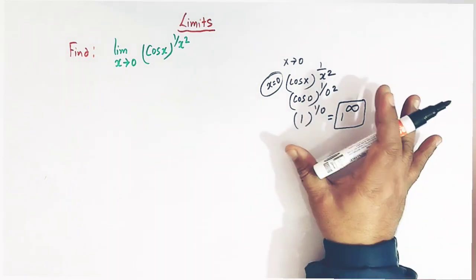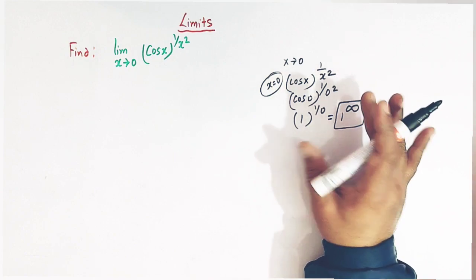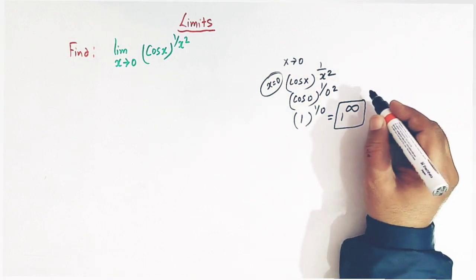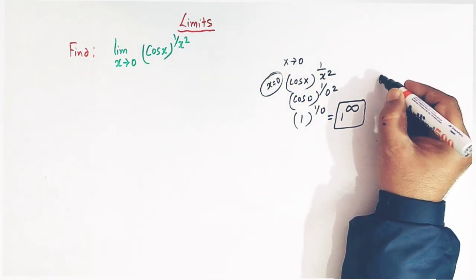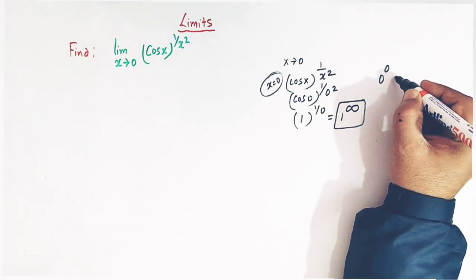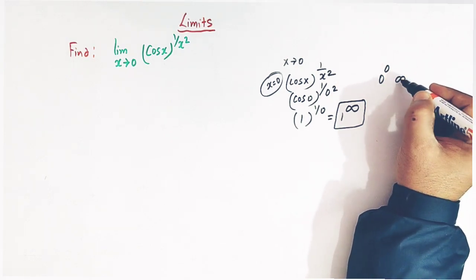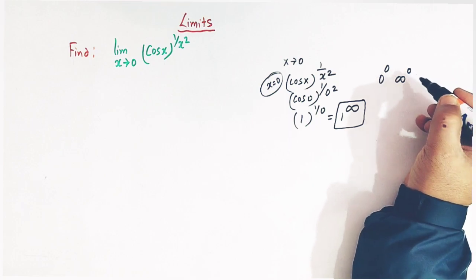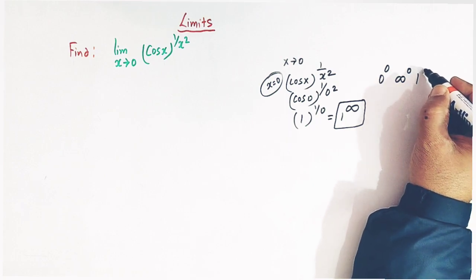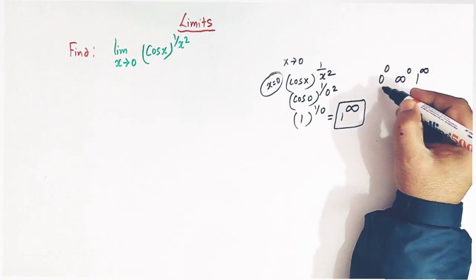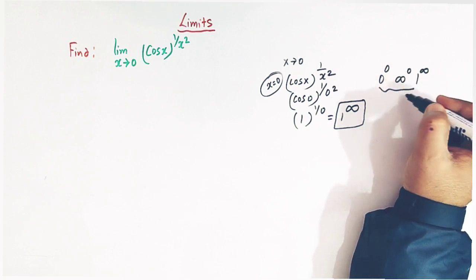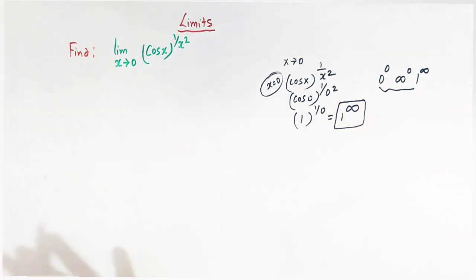So whenever we come across limits in which we get forms like 0 raised to 0, or we can write infinity to the power 0, and 1 raised to infinity, then these types of indeterminate forms may be evaluated by using the concept of L'Hopital's rule.